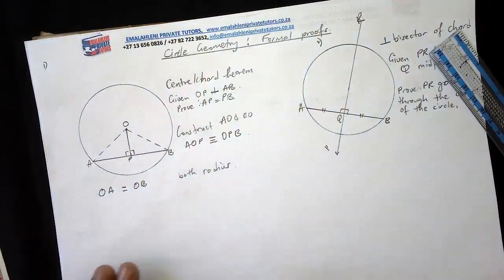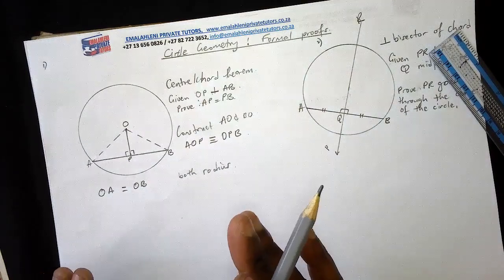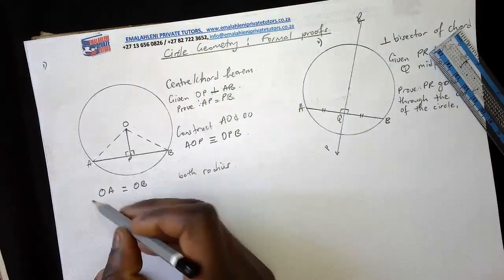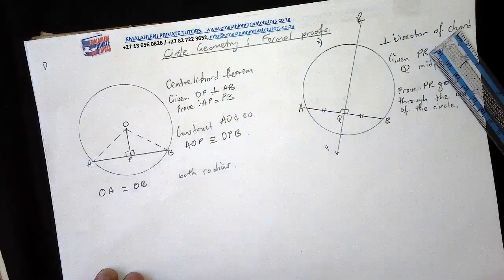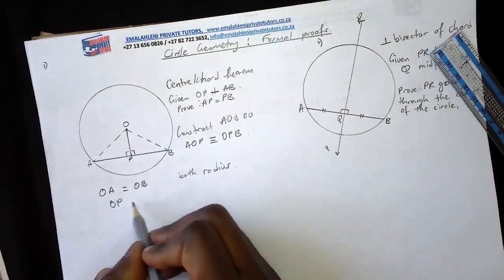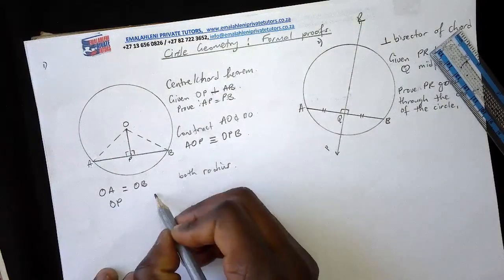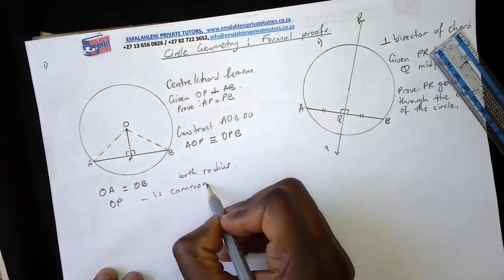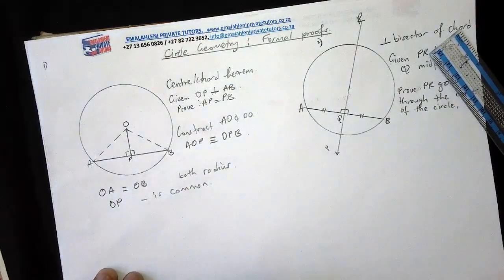So that is one side equal. Then what else can we see in terms of sides? We find that OP is common. Both of them share OP. So this is common.